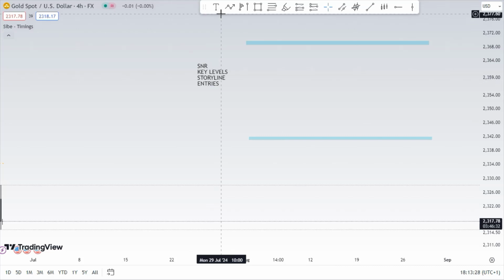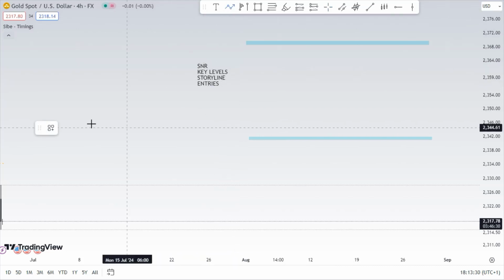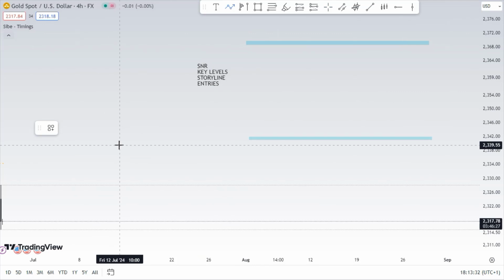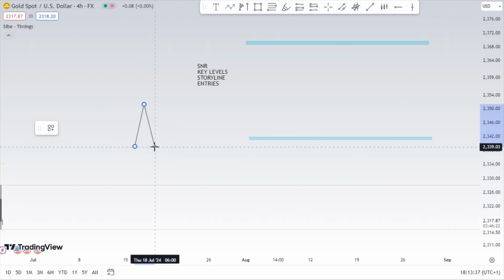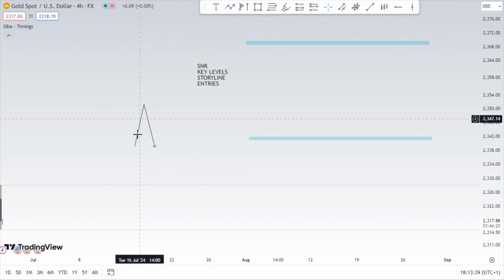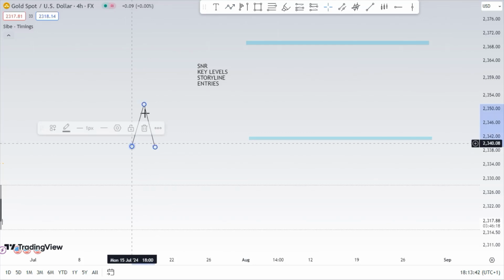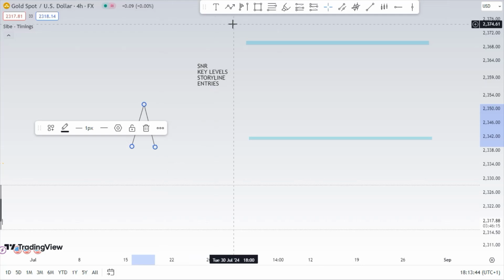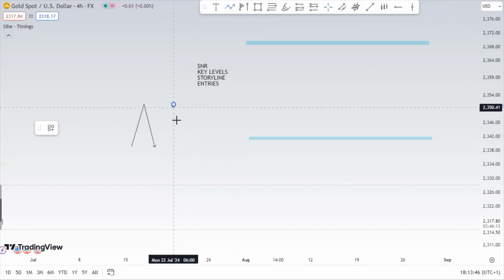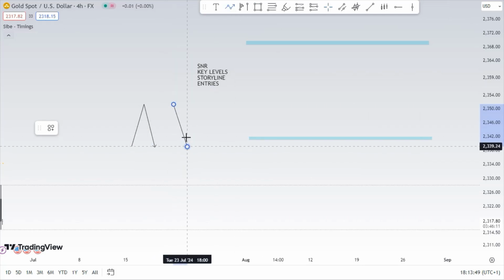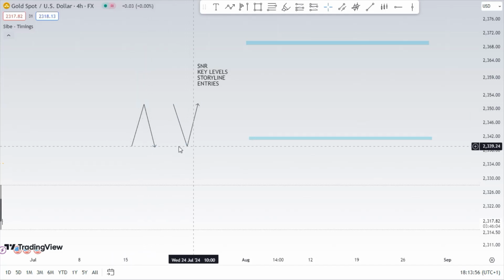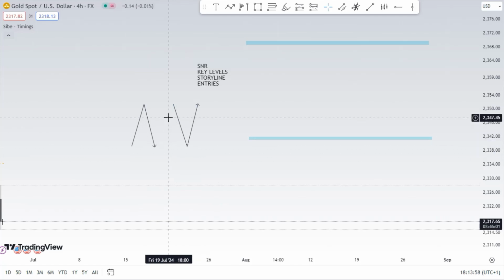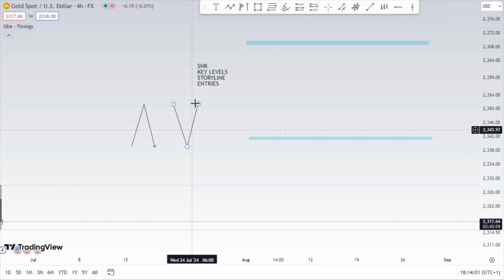When we're talking about key levels in the market, if we are on the line chart, to make things easy for you, a key level for resistance is going to look like an A. And then for support, a key level is going to look like a V. So what do we need? We need the top of this A for resistance, the bottom of this V for support. This is how it's going to look on the line chart.